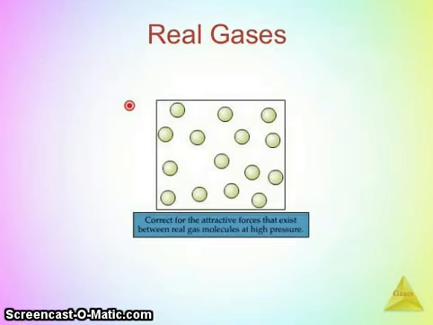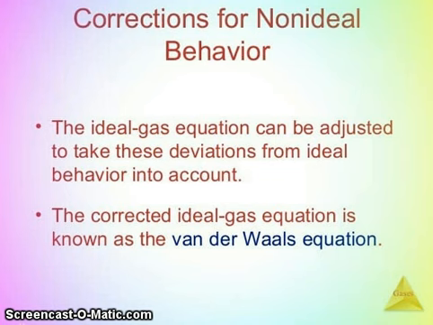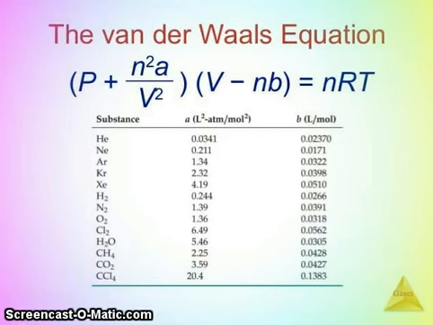So real gases: correction for non-ideal behavior. The ideal gas equation can be adjusted to take these deviations from ideal behavior into account. The corrected ideal gas equation is known as the van der Waals equation.